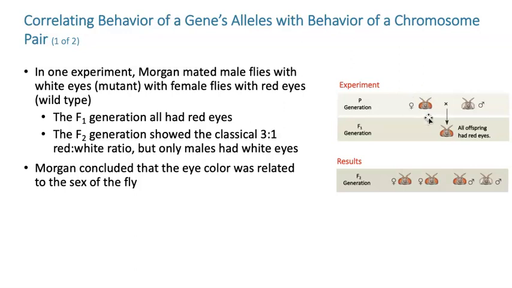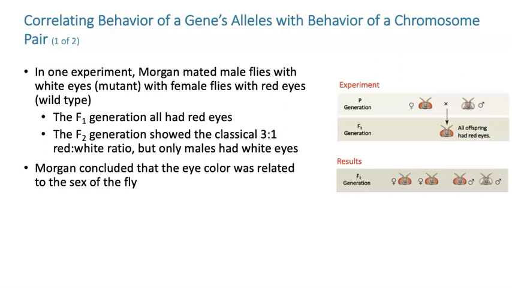This one happens to be a female, and this is important. This was a white-eyed male, and when you cross the red-eyed female and the white-eyed male, you have offspring that are all red. What you can tell from this is that red is dominant. So not only is red wild type, which is the most common, it's also dominant.